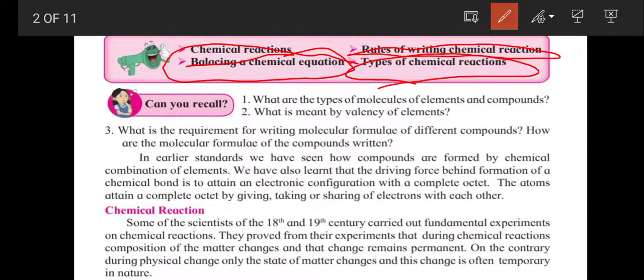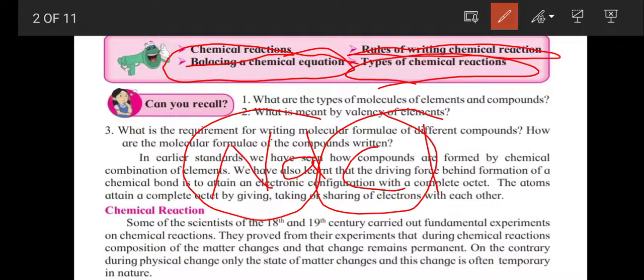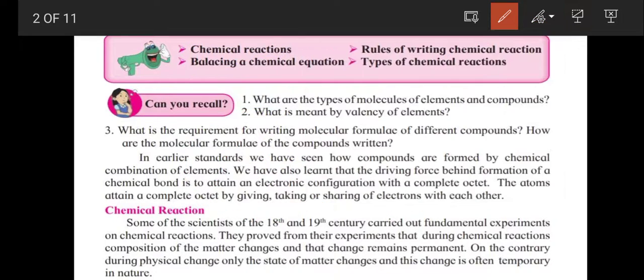For example, if I tell you the molecule of sodium chloride, here Na and Cl are the two elements bound by an ionic bond, so that's why there is a formation of NaCl. So molecules are made up of elements, and valency means combining capacity. Whenever Na gives one electron to chlorine, it becomes stable because the octet is completed.